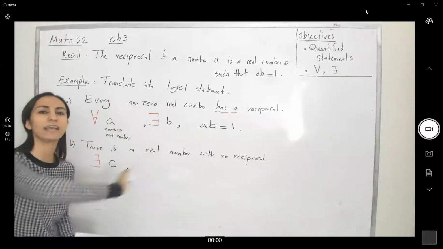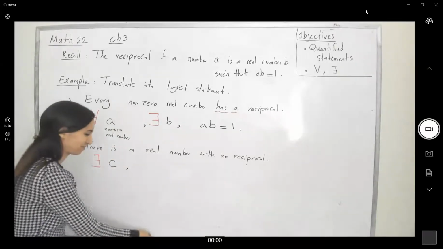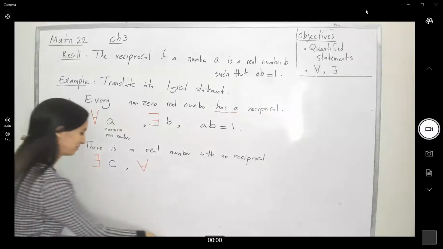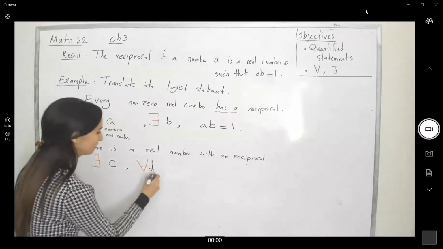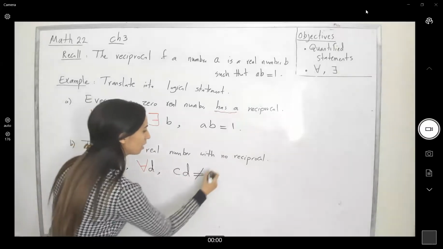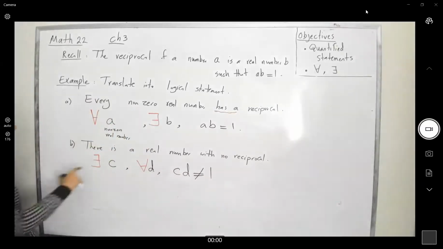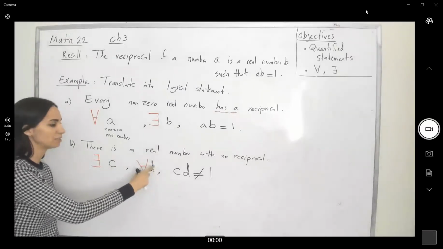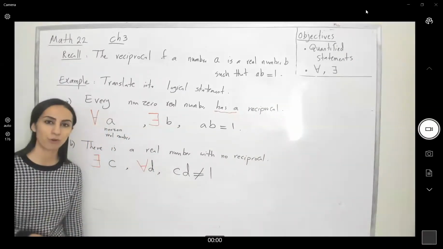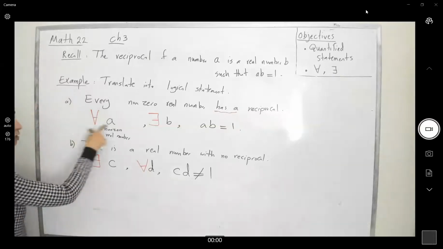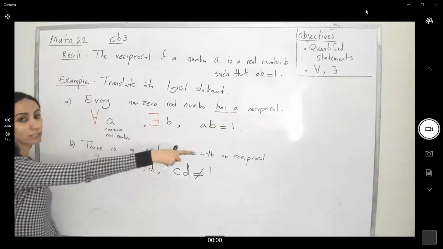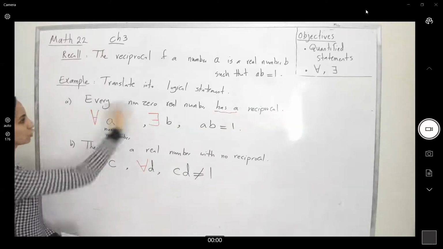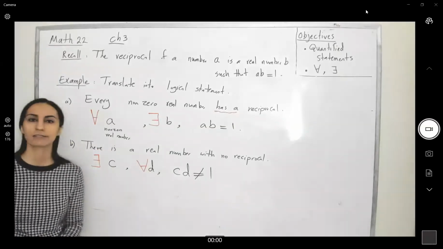If I take any real number like D, this equality is not met. There is a real number such that for any other number like D, this equality is not met. So be careful about the order, which one comes first, and the meaning of those quantifiers in the statement. So we are using multiple quantifiers in one statement.